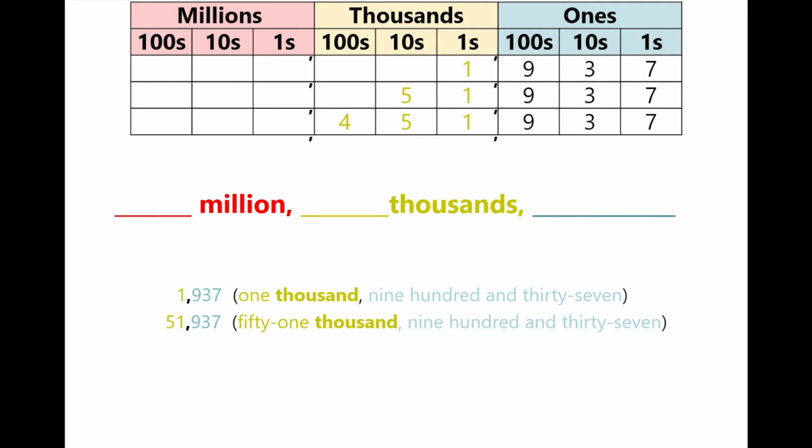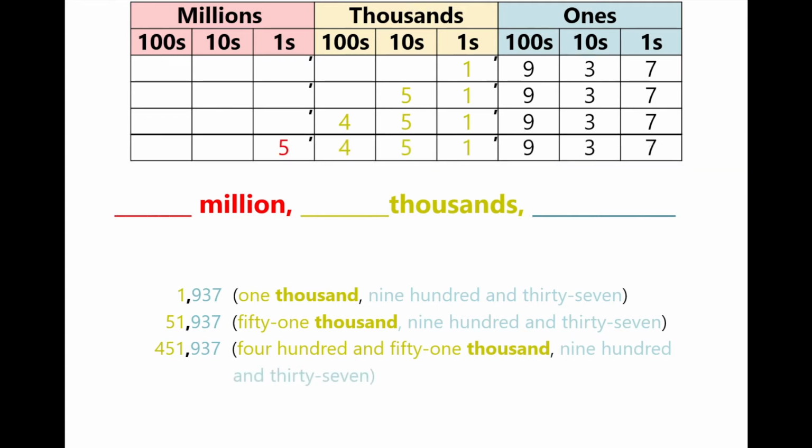That's right, 451,937. Another number. That's right, we've got 3 parts to name, haven't we? We've got 5,451,000 and the easy bit, 937. There it is.